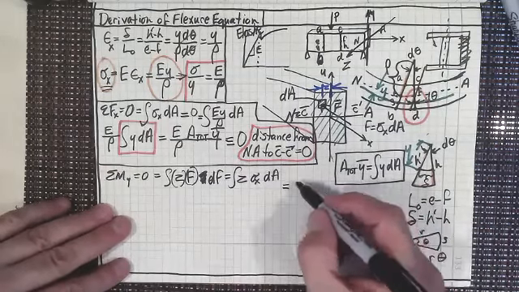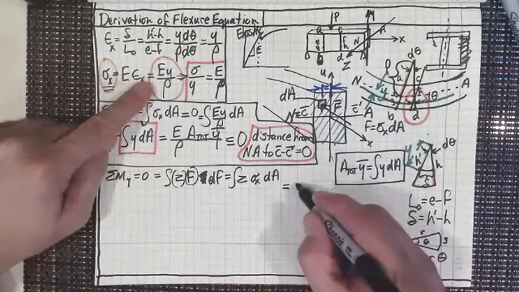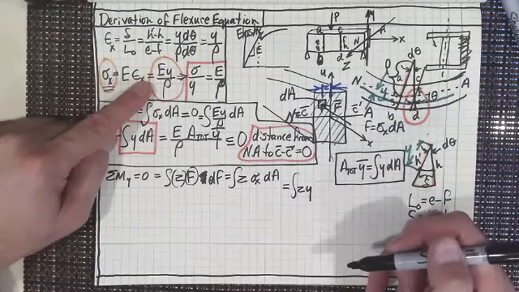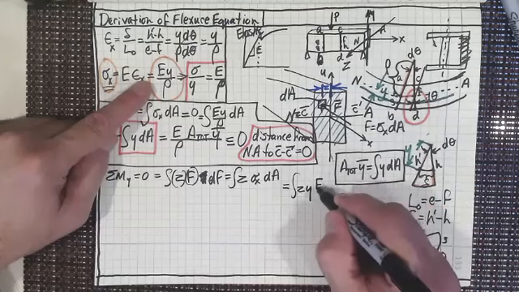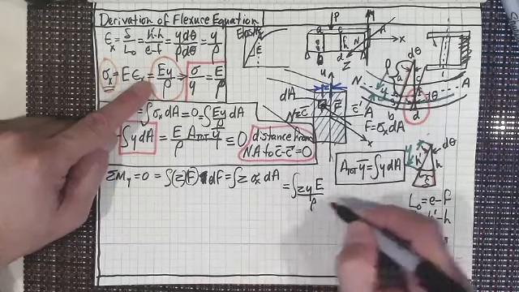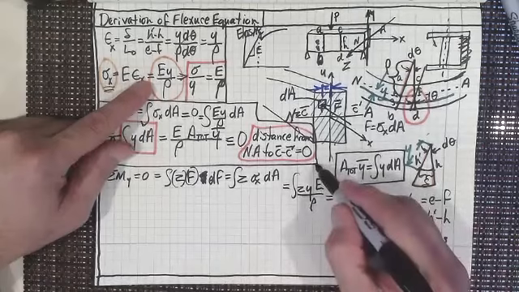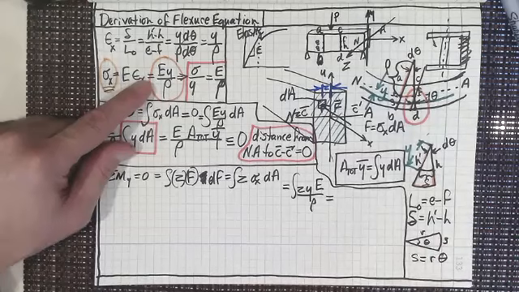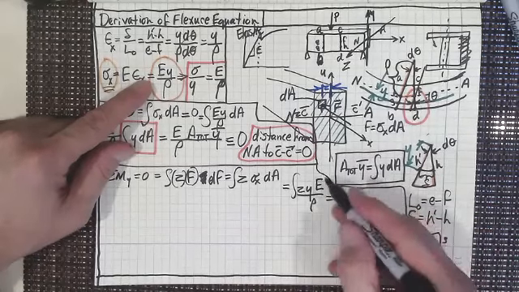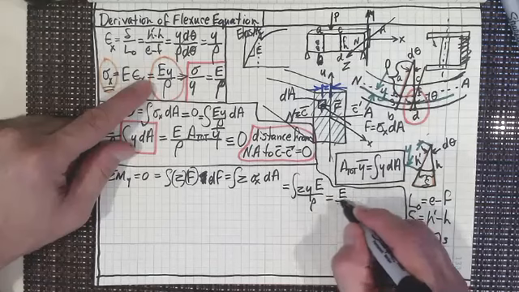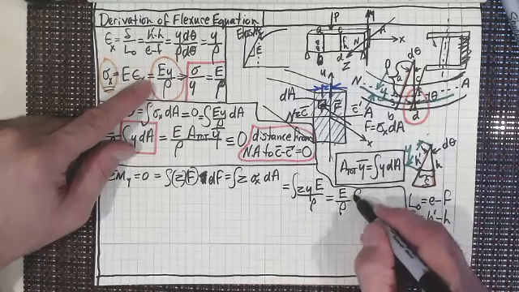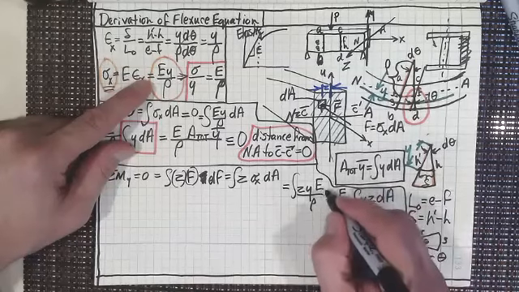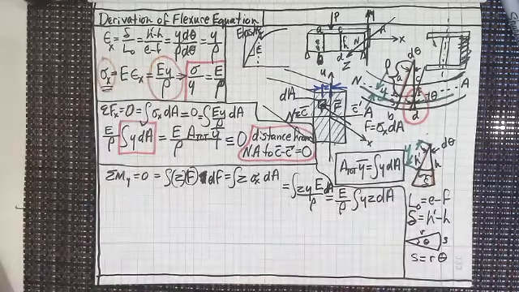So if I then replace this, I end up getting z times y times E all divided by rho. And once again, I'm just going to put a little line here so that we can use this. And then again, I can take E and rho out of the equation, and I end up having yz dA.